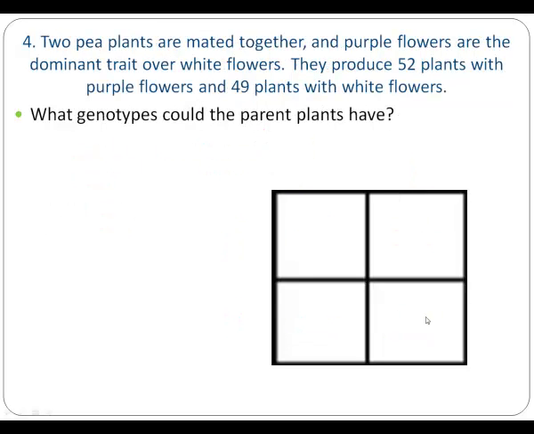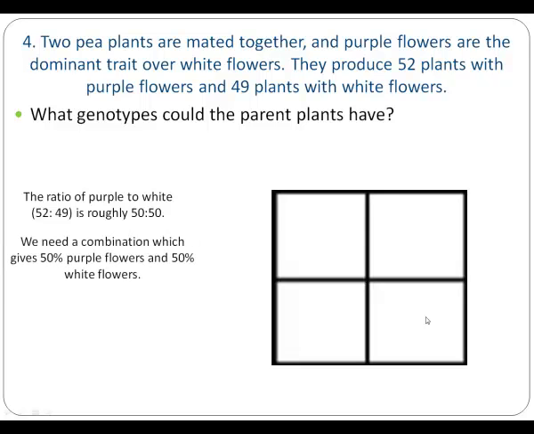Two pea plants are mated together. Purple flowers are dominant over white flowers. They produce 52 plants with purple flowers and 49 plants with white flowers. So I'm trying to figure out, based on this information, what genotypes my parent plants must have. First, you have to recognize that the ratio 52 to 49 is roughly 50-50.